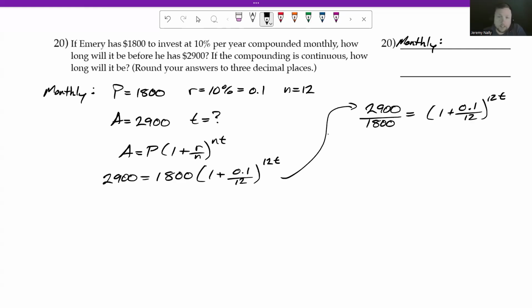And then I can take my favorite log of both sides. So I'm just going to use the natural log. And the reason I'm doing this is to knock the 12t out of the exponent.